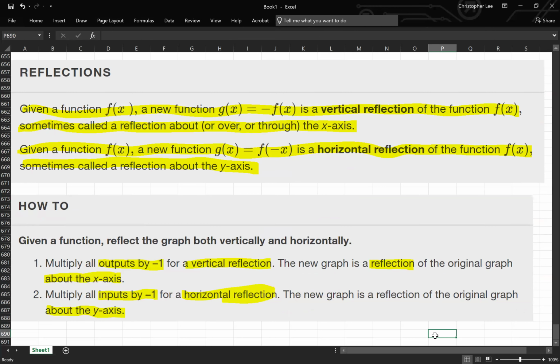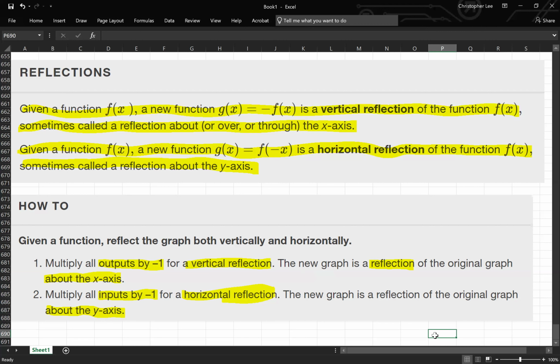So given a function, reflect the graph both vertically and horizontally. Here's how we do it. Step one, you multiply all the outputs, the y values, by -1 for a vertical reflection. The new graph is a reflection of the original graph about the x-axis.